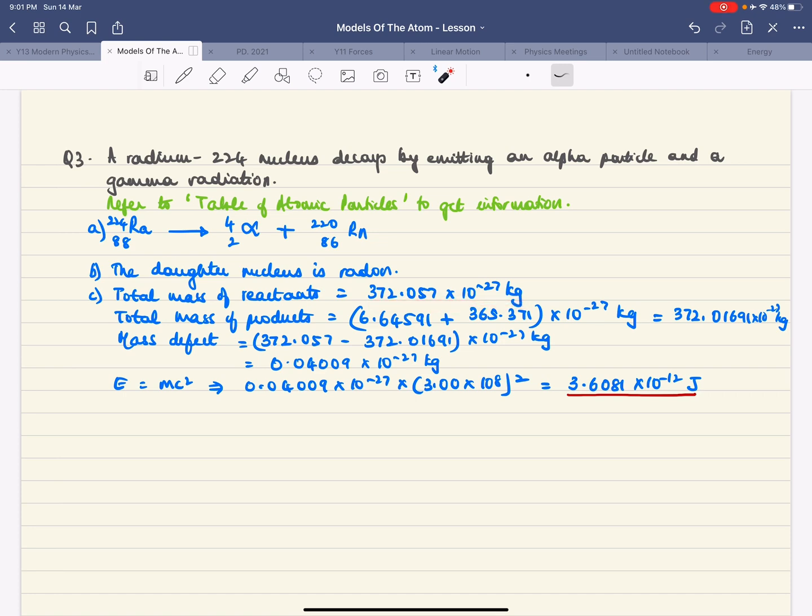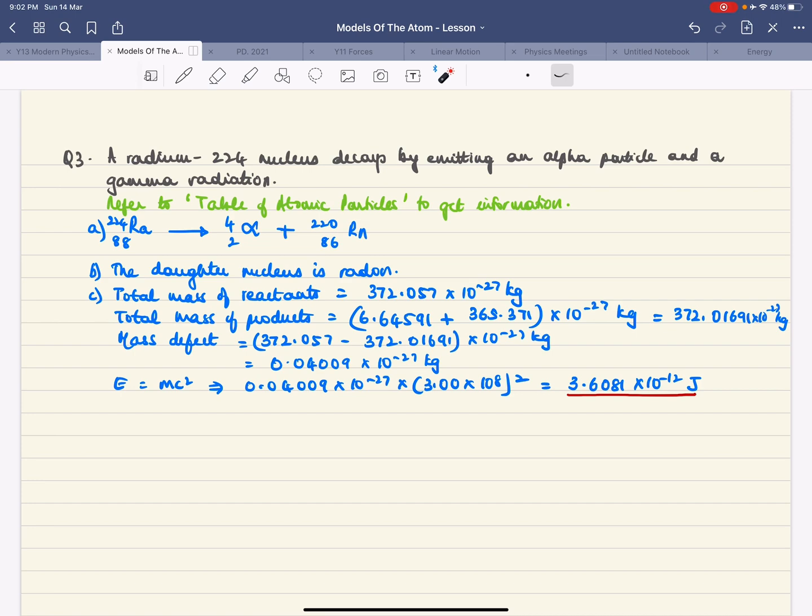Now there are two products, so it's the mass of alpha particle plus the mass of radon. So I've just put, this is the mass of an alpha particle, you find that at the top of the table, He, it's a helium nucleus, and this is the mass of radon, and they're both times 10 to the power of negative 27, so I've just put them in brackets, and when I add these two, I get 372.0691, and then I just added times 10 to the power of negative 27.